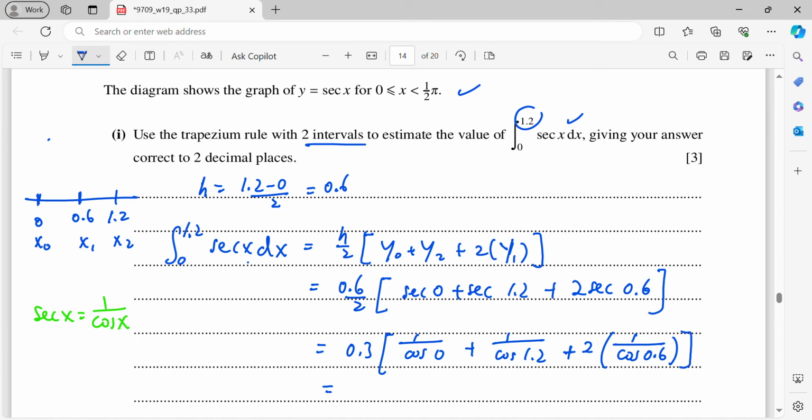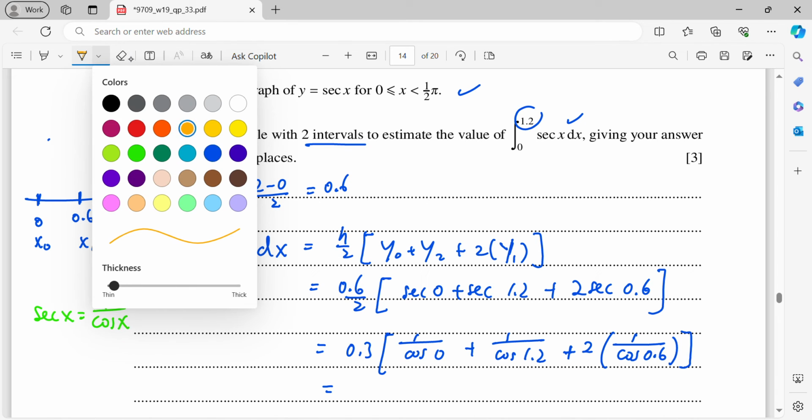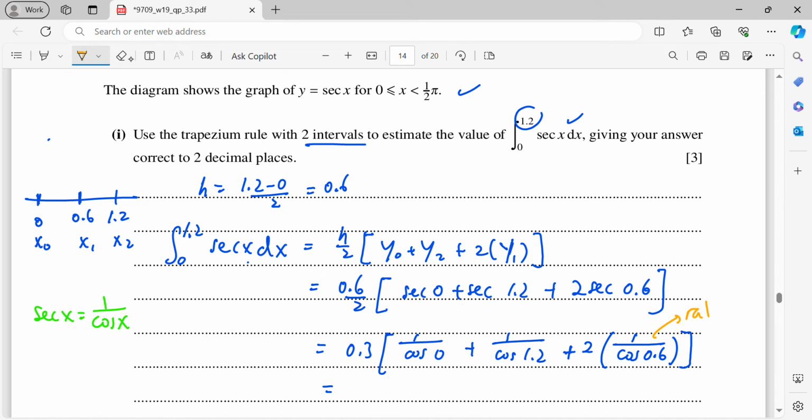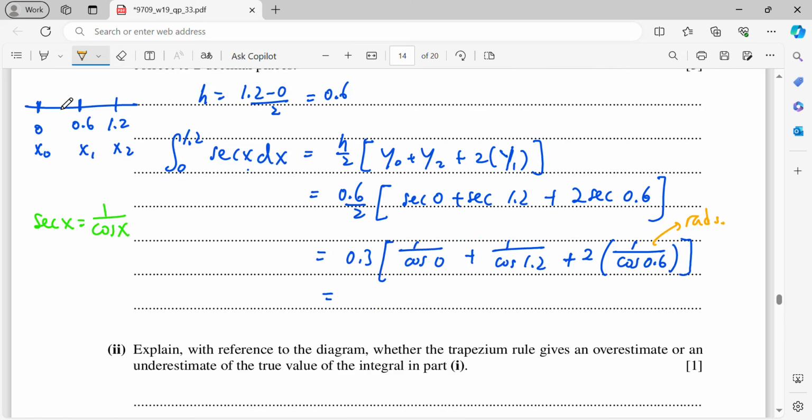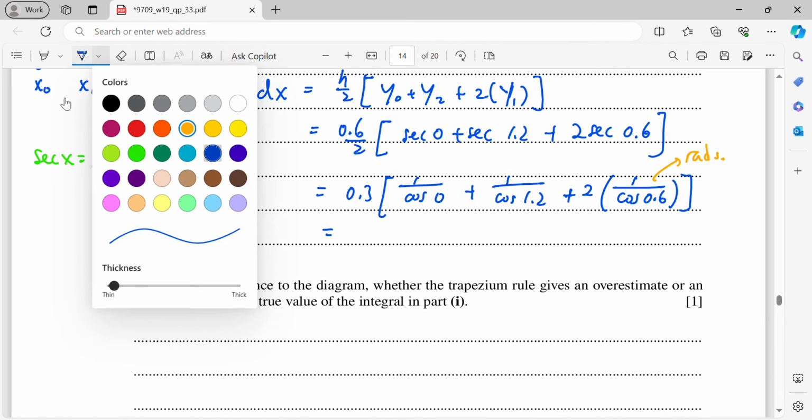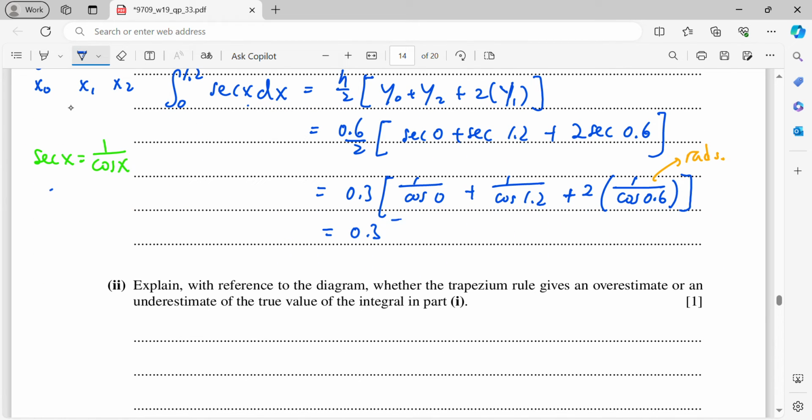And now calculate all this in radians mode. Therefore, you will be getting 0.3 times 1 plus 2.75970 plus 2.42326, and then you will be getting 1.85. So that's the solution.